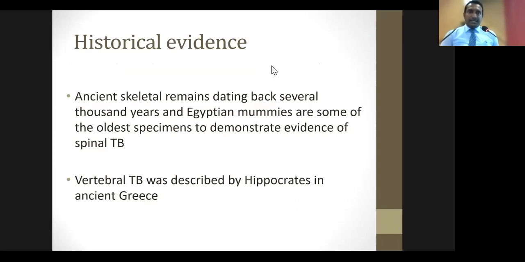Into ancient history, some archaeologists have found evidence of TB in ancient skeletal remains and even in Egyptian mummies. Likes of Hippocrates hinted about infection going on in the vertebra, even though they didn't know about a typical bacilli.